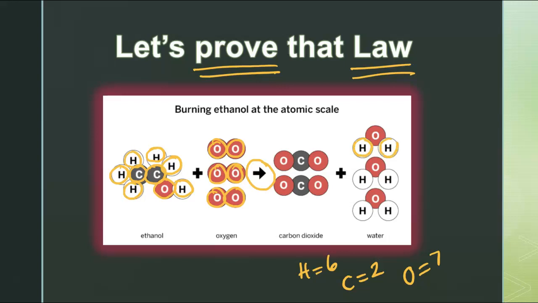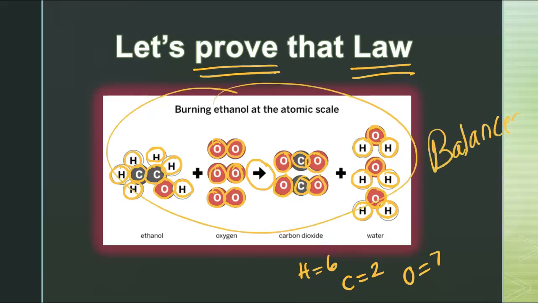So as you can see, we have 1, 2, 3, 4, 5, 6 hydrogens, so that accounts for that, right? We have 2 carbons, so that accounts for that. And let's see if we have 7. 1, 2, 3, 4, 5, 6, and 7. So everything's accounted for, therefore, this is a balanced equation.